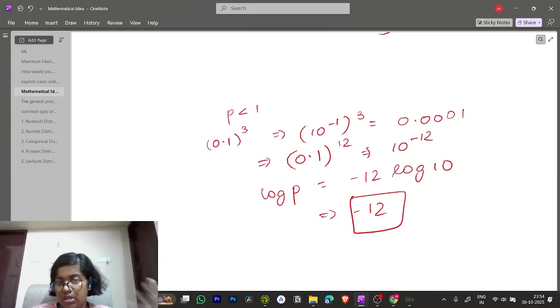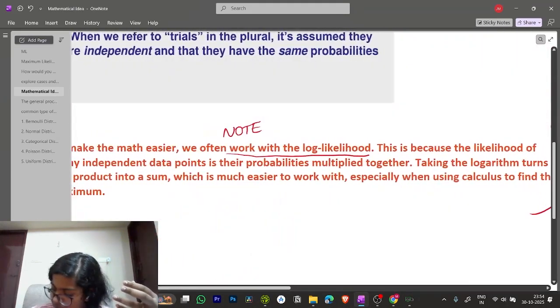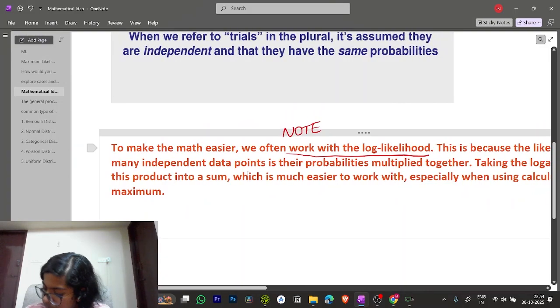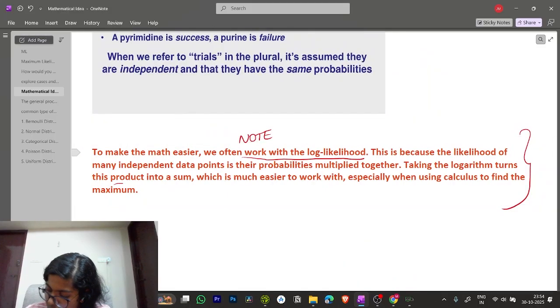So the max is much easier when we work with log. This is because the likelihood of many independent data points is their probabilities multiplied together, and taking the logarithm turns the product into a sum, which is much easier to work with, especially when using calculus to find the maximum.